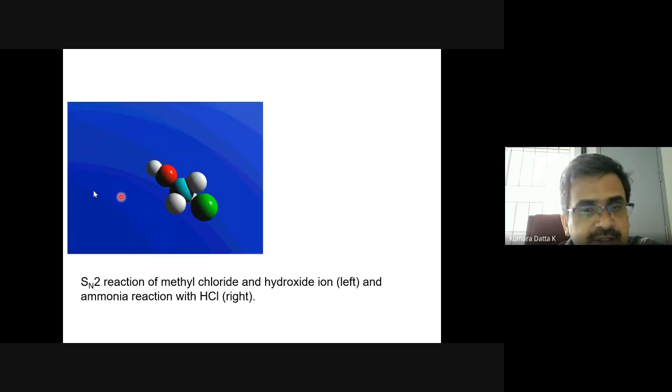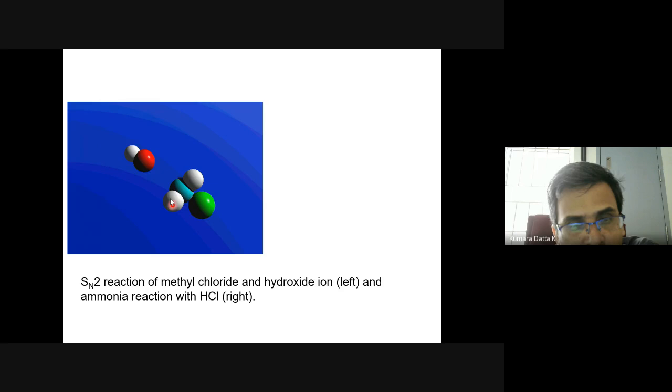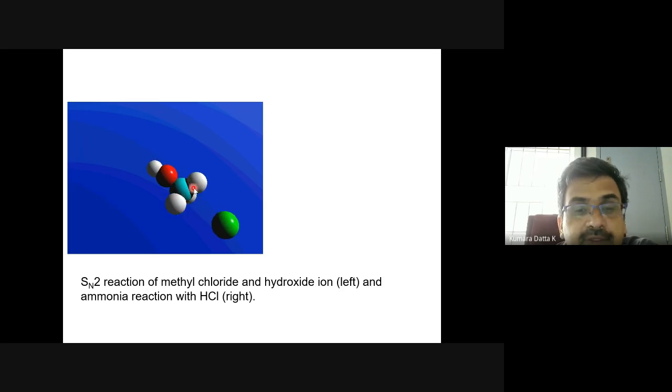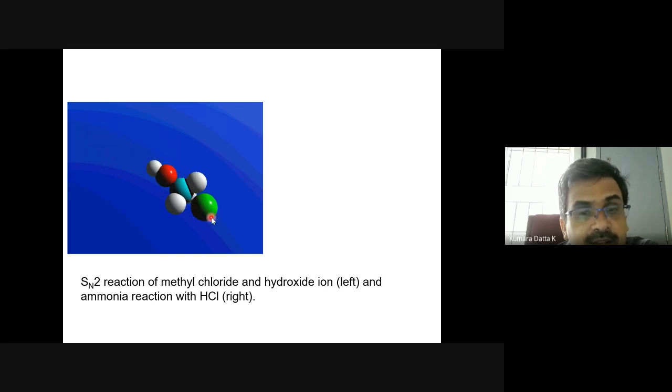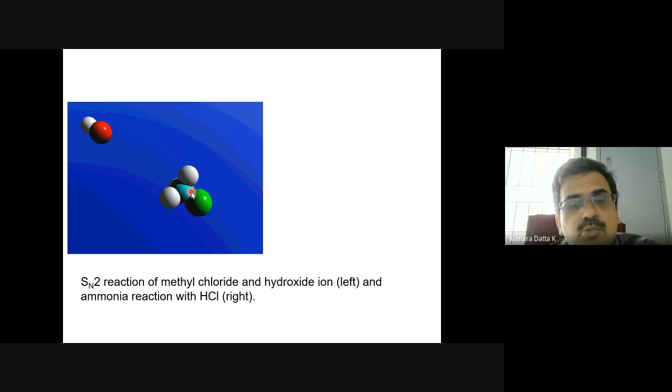So you can see that this is bromomethane, and whenever OH comes, you can see how the flipping of the geometry happens. You can see how these hydrogens were positioned earlier; once the nucleophile enters, they move away.